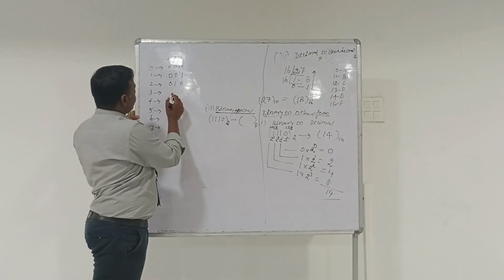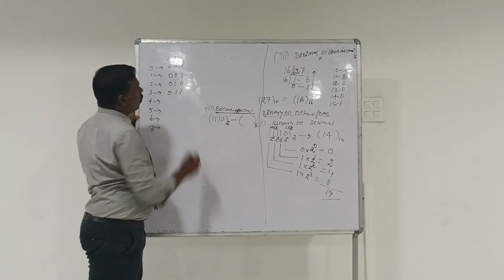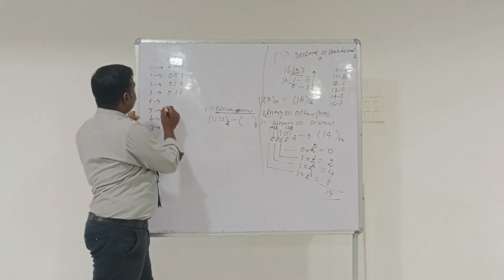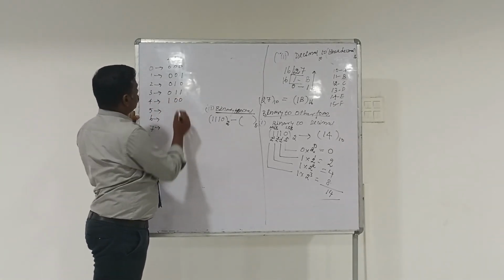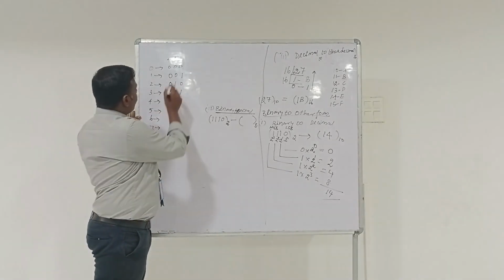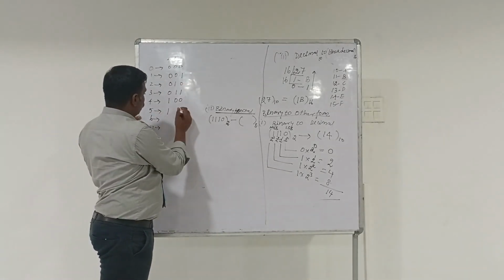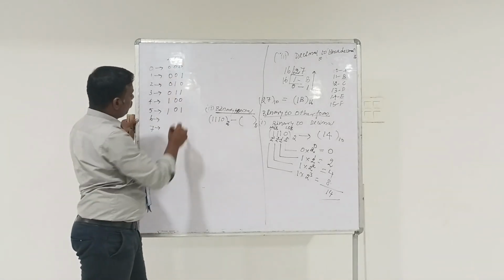Similarly, for 3, I have to disable the 4, and enable the 2 and 1. For 4, I have to enable the 4, and disable the remaining 2 and 1. Next is 5. I have to enable the 4 and 1, and disable the 2. Then we get 4 plus 1, 5.